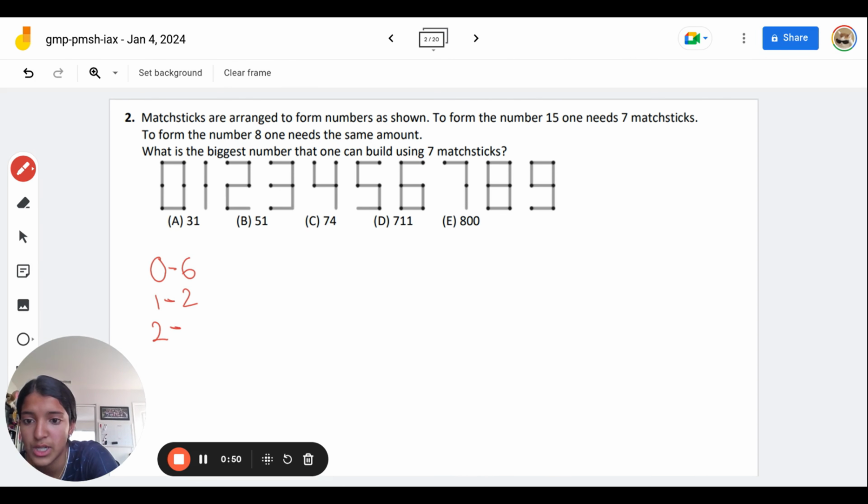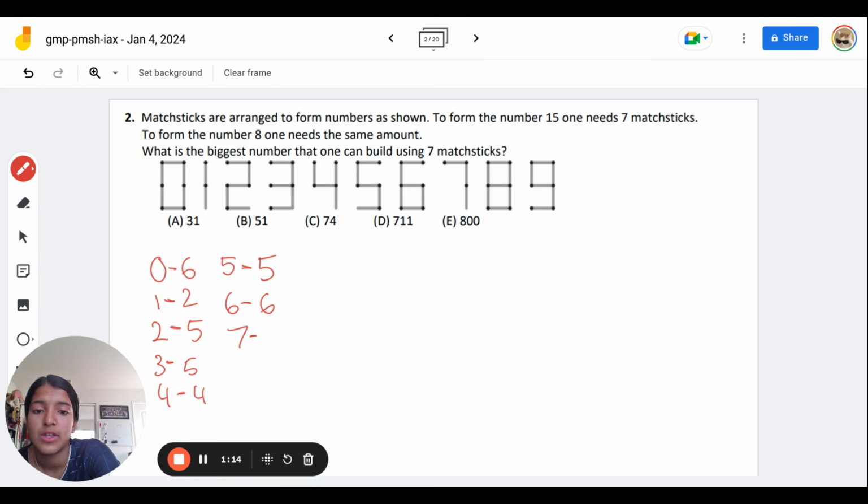For 2, you would need 5 matchsticks. For 3, you would need 5 matchsticks. For 4, you would need 4 matchsticks. For 5, you would need 5 matchsticks. For 6, you would need 6 matchsticks.